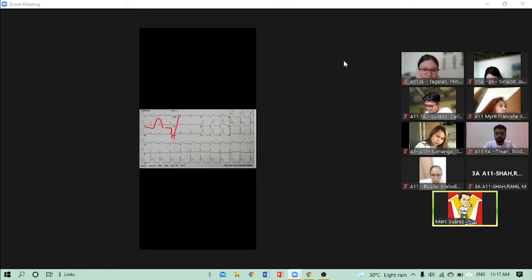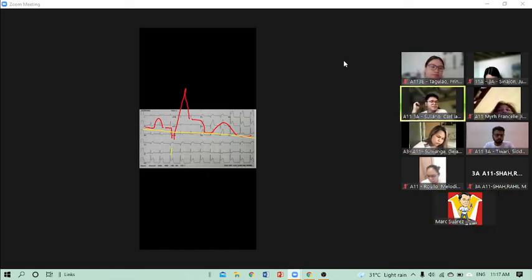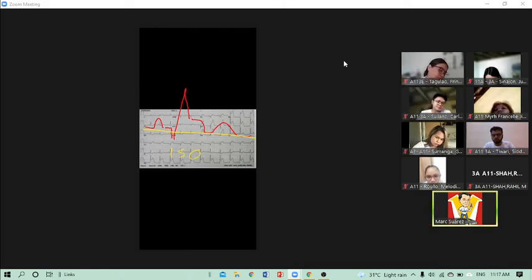This is the R wave. This is the S wave. So the T wave. For this representation, what is this again, the yellow one? Isoelectric line, Doc. This is the isoelectric line.